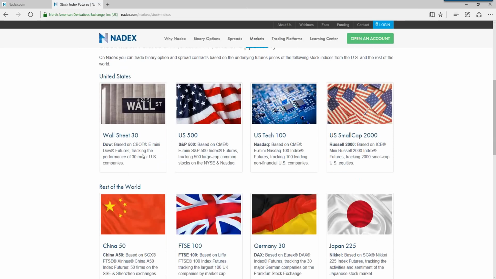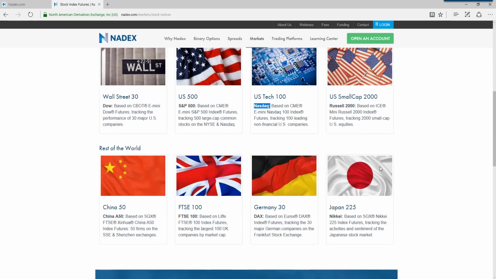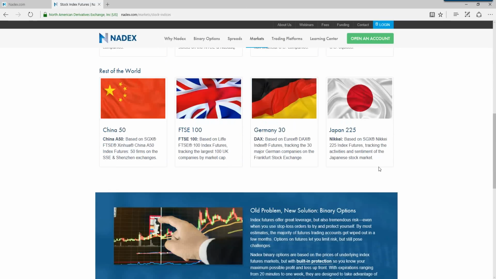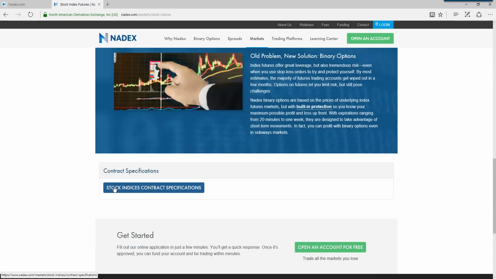So Wall Street 30 is based on the Dow, the US 500 is based on the S&P 500, and US Tech is based on the NASDAQ, which is the NQ. Does everybody see that? If you go down to stock indices contract specifications, it will tell you all of this information.